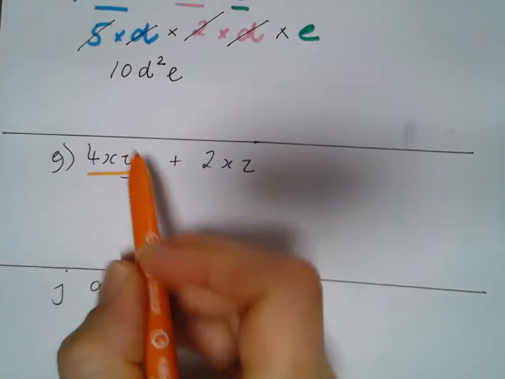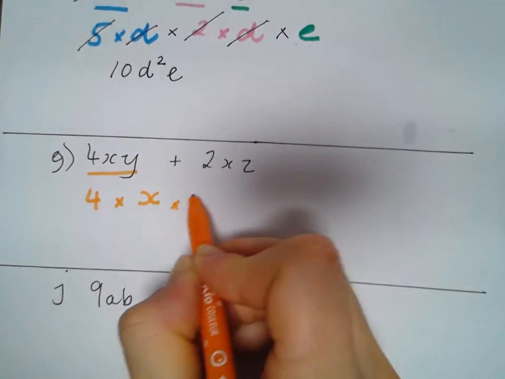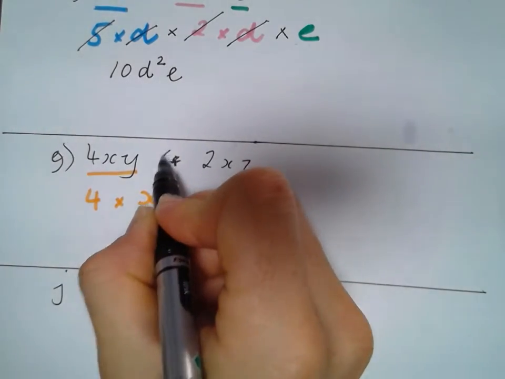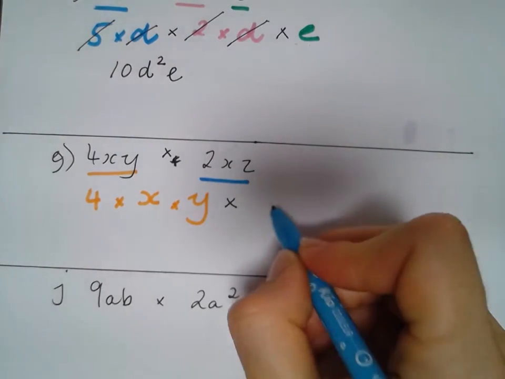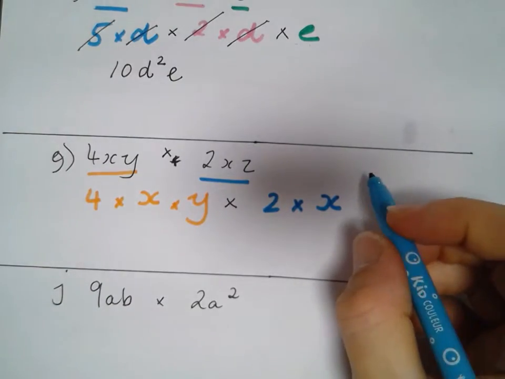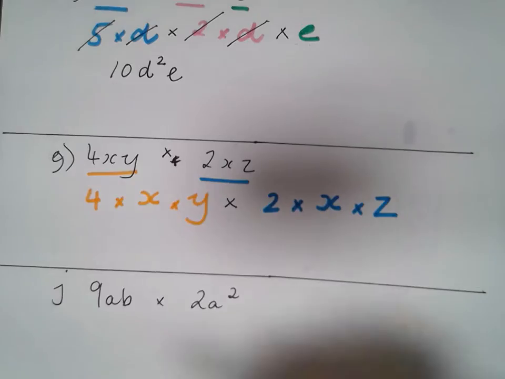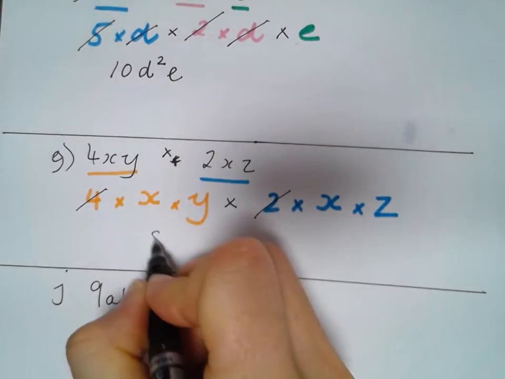Question G is 4 multiplied by X multiplied by Y. Bring down your multiplication, I copied that wrong. 2 times X times Z is our question. So we multiply through our constants. 4 times 2 gives us 8.